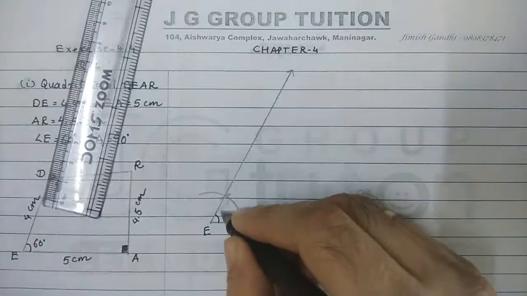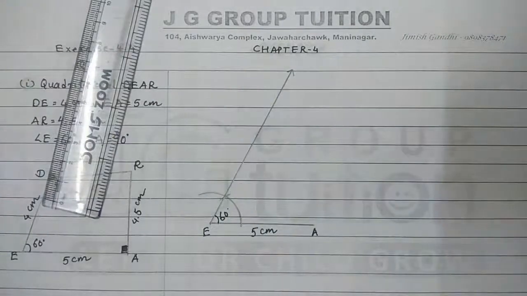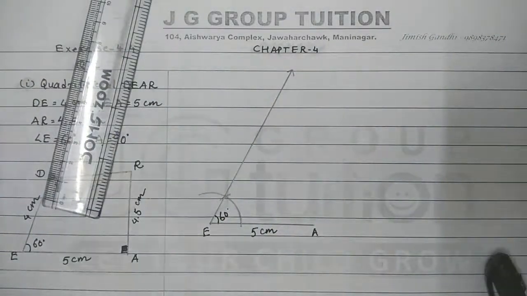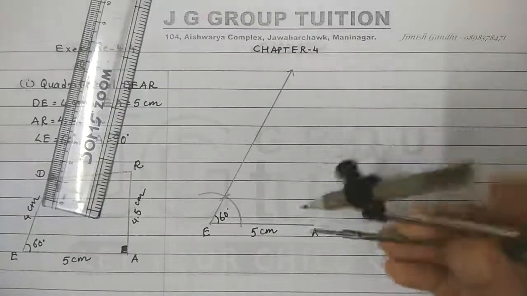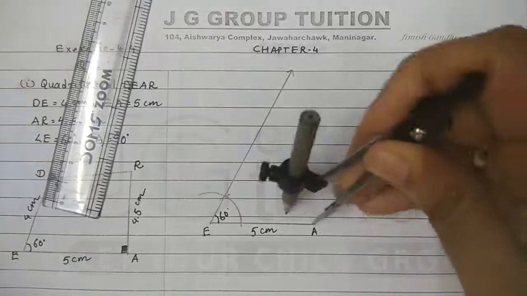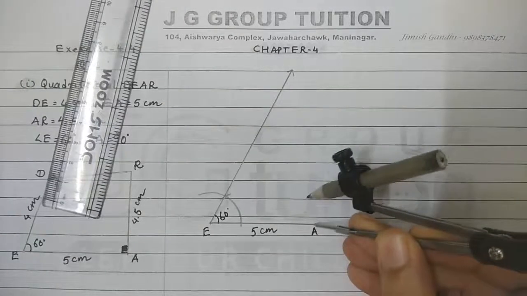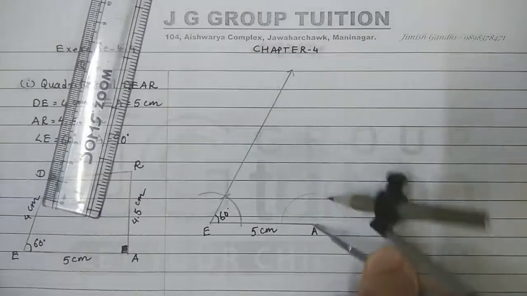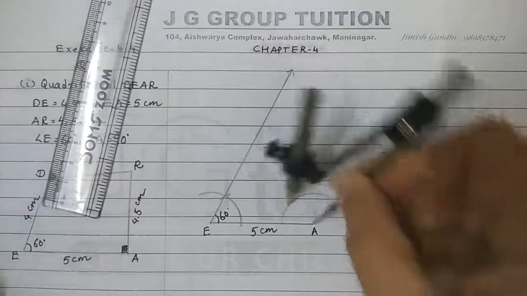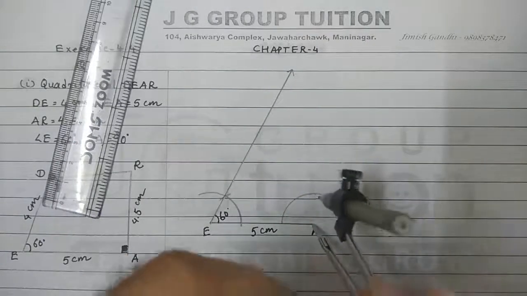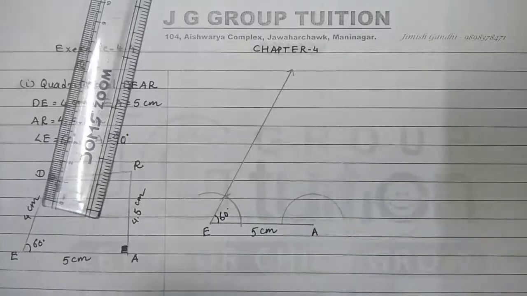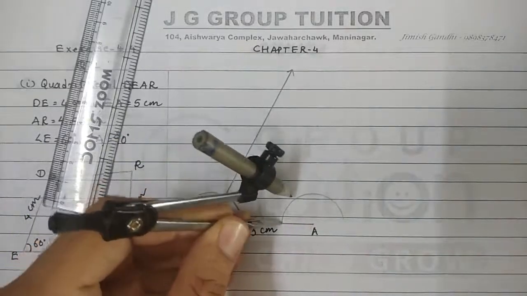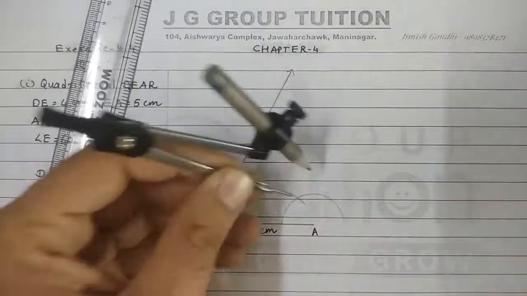Now let us construct angle A, that is of 90 degree. Again the 90 can be constructed with the help of the rounder, so again any arbitrary radius. As we have already discussed in the earlier videos how to construct it, we should draw any arbitrary radius. Keep the same radius from 0 degree, one arc, this makes 60.